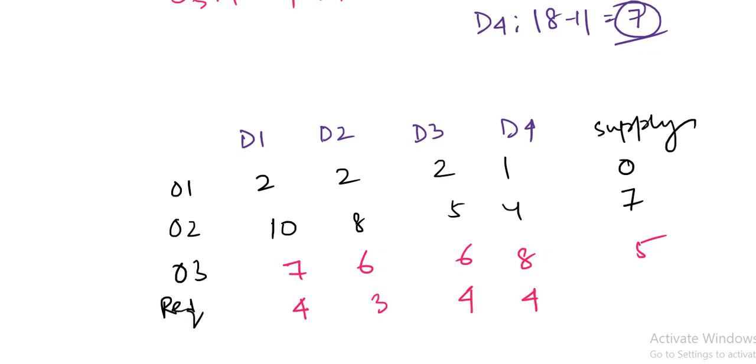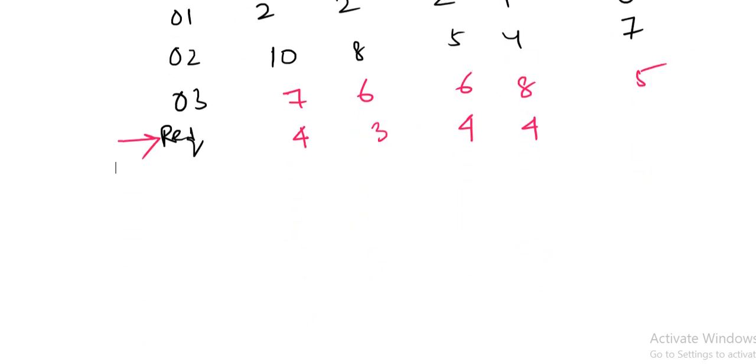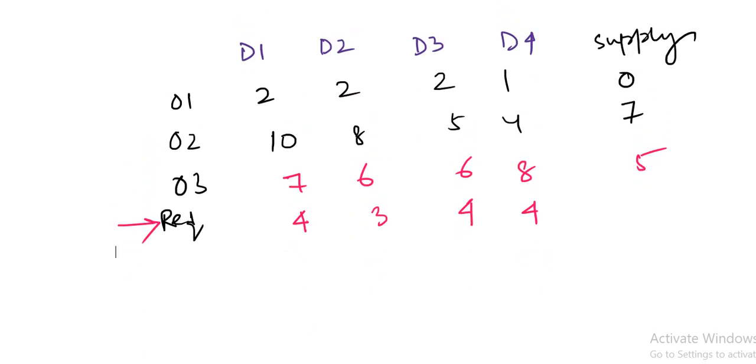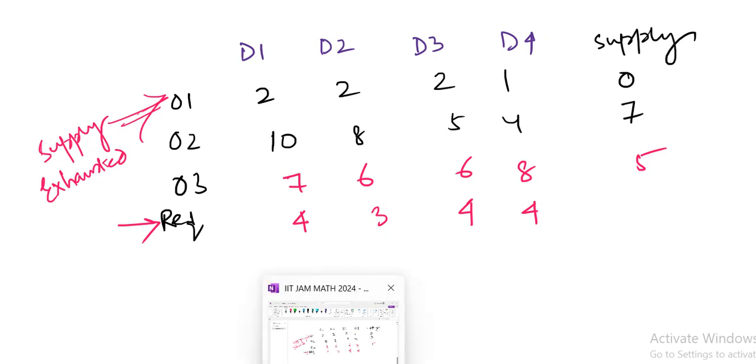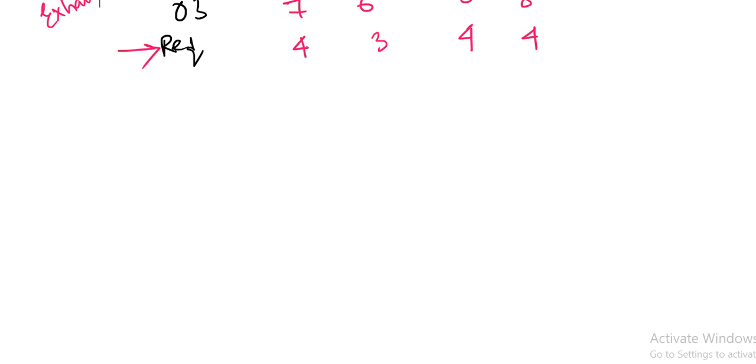Okay, so what is here? We can remove O1 and its supply exhausted. Remove origin 1 and its supply exhausted. Okay, so recalculate the penalty cost. What is the row penalty here?